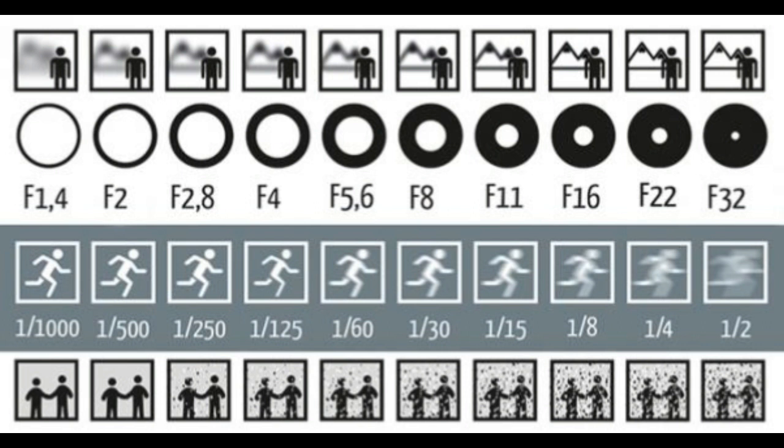In the last column you can see F32. In the top row of the last column, you can see the picture taken from the camera. The person as well as the mountain are in focus. This means the depth of field is high.